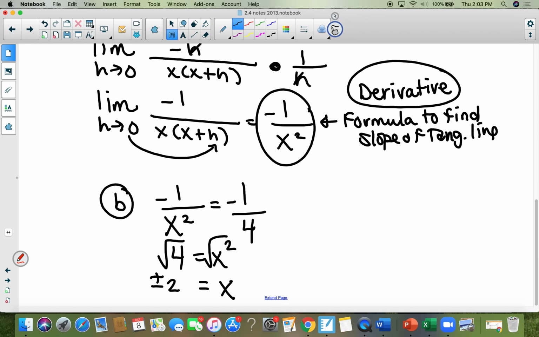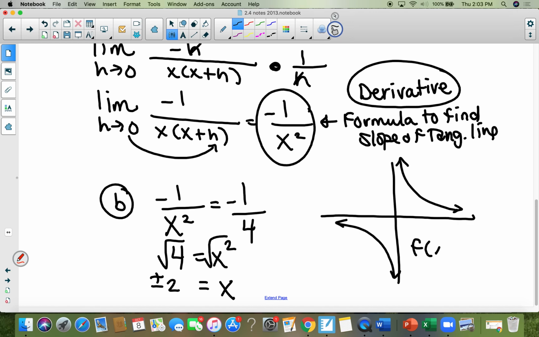And I'm going to show you proof that I know what I'm talking about. This is the graph of 1 over x. That's the graph of 1 over x, correct? At x equals a positive 2 and a negative 2, which is right here, I'm going to make a tangent line.